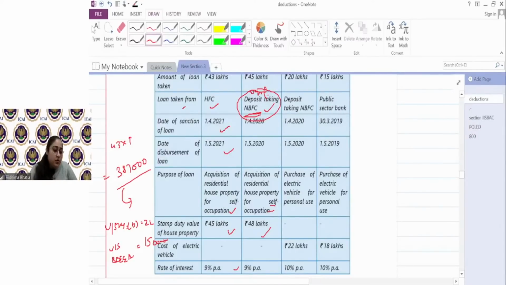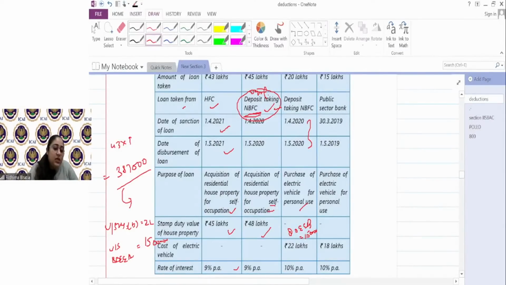Next is your electric vehicle for personal use. Interesting. When was it taken? Between 19 to 23, so it works. A 20 lakh electric vehicle loan was taken. Cost of electric vehicle was 22 lakhs. So 20 lakhs at 10%, 2 lakhs comes, but the maximum interest which he can claim under 80EEB would be 1,50,000.